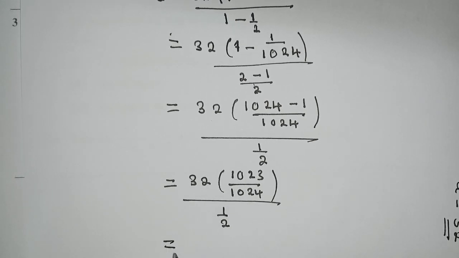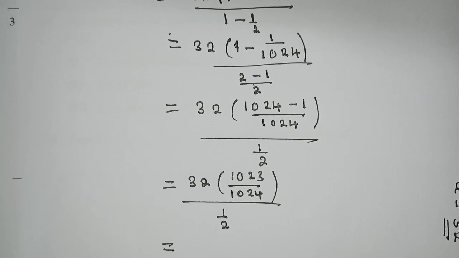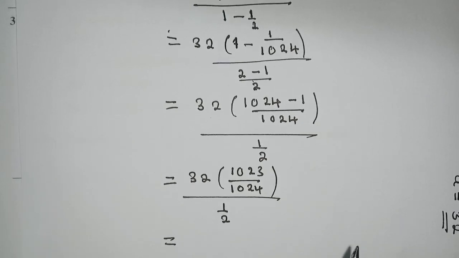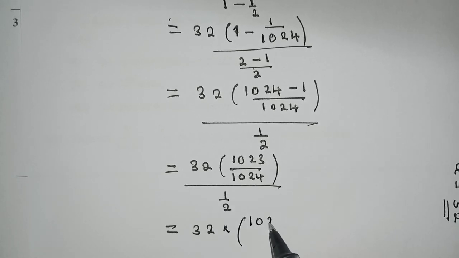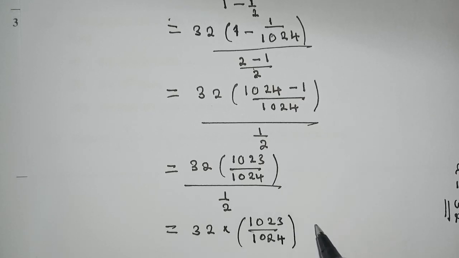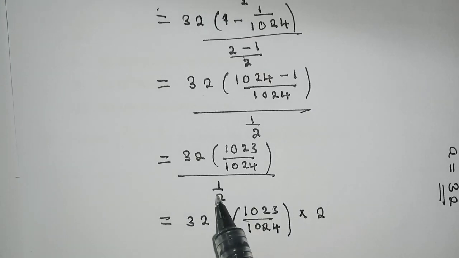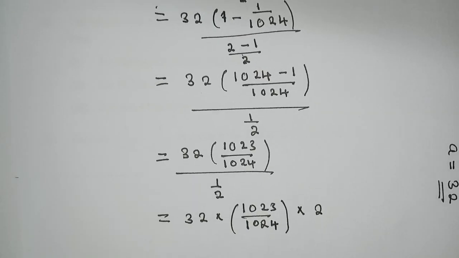So we can work out things on top there. This is the same as 32 times what is inside the brackets, times 2. This fraction here will change to multiplication, so it's times 2.